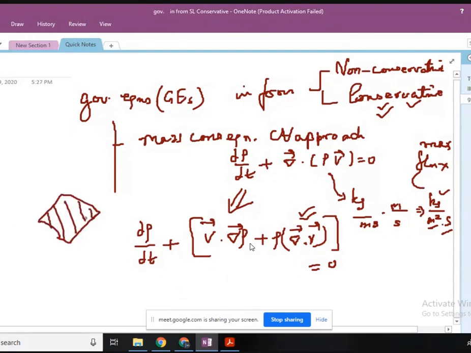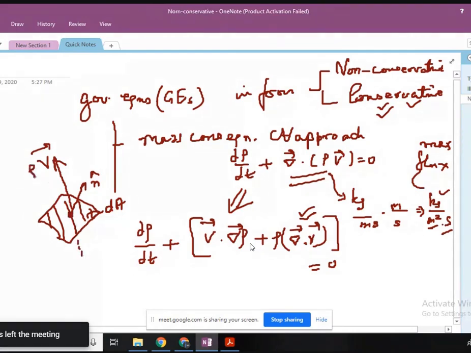If it was this term, I could visualize there is a normal vector, and there is an elementary area, and there is some velocity vector pointing in some direction, and some quantity representing kilograms per meter square per second is crossing this unit area.